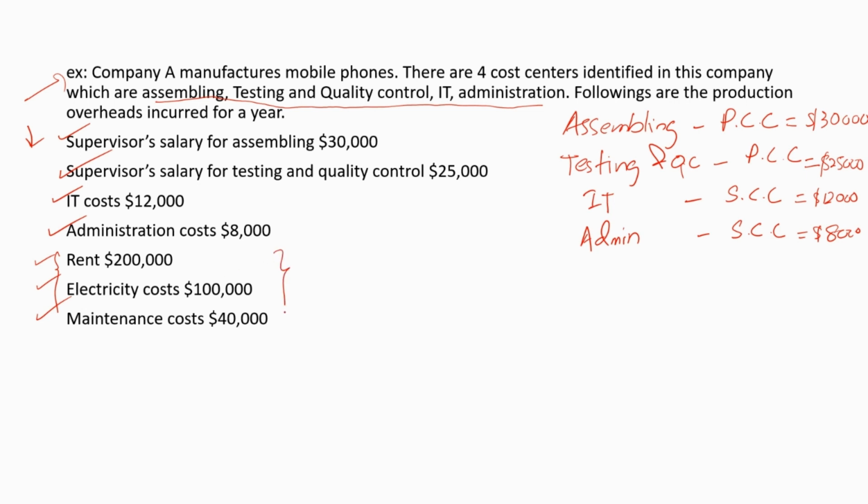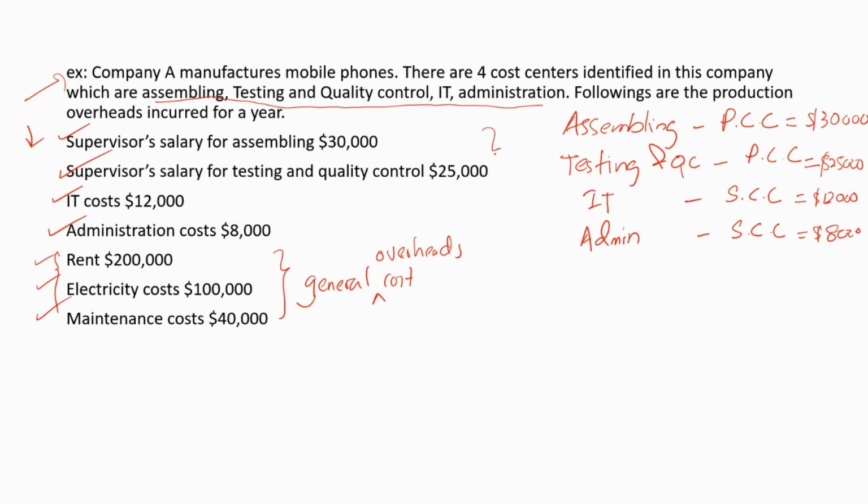These are known as the general costs, or the general overheads, because we cannot directly identify these costs under any cost center. These costs are general to the whole organization.